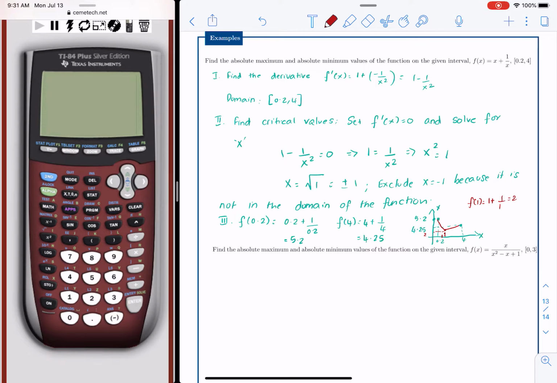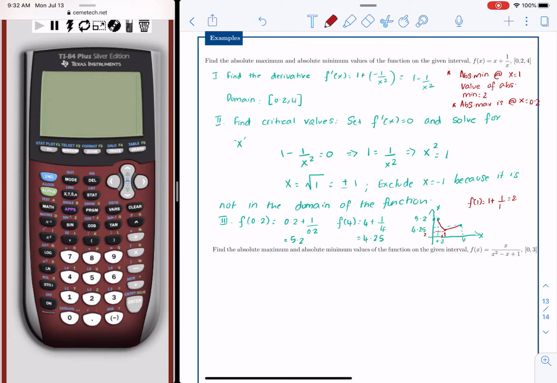So we have an absolute minimum at x is equal to 1, and the value of that absolute minimum is equal to 2, and the absolute maximum is at x is equal to 0.2 for this particular function.